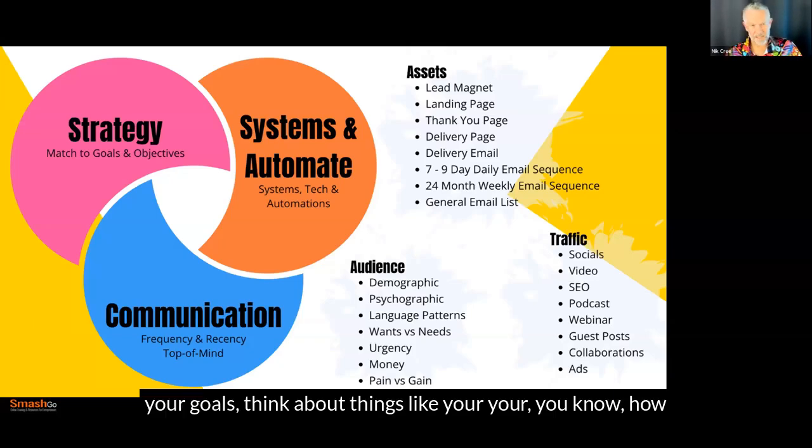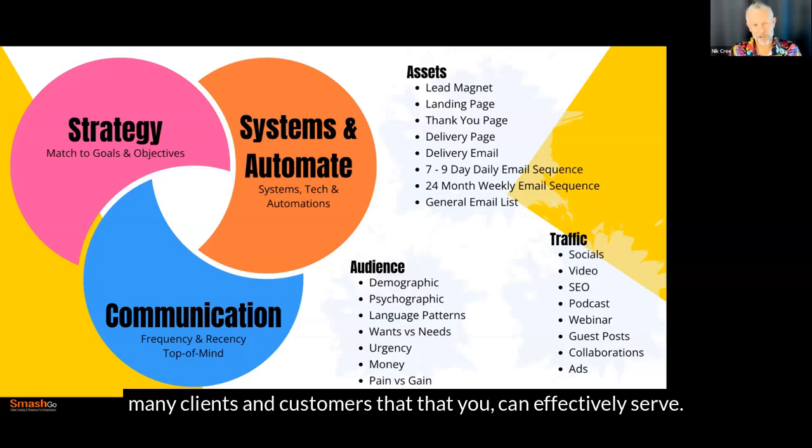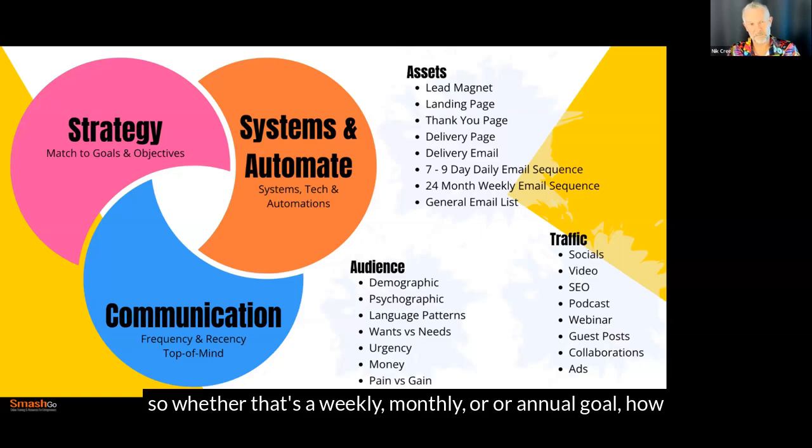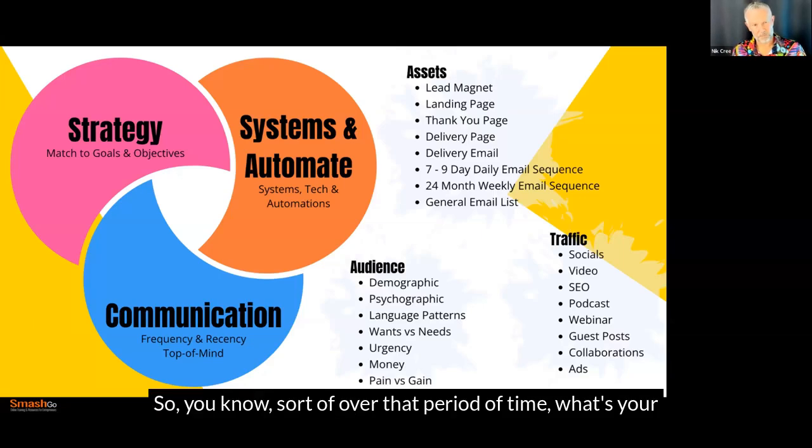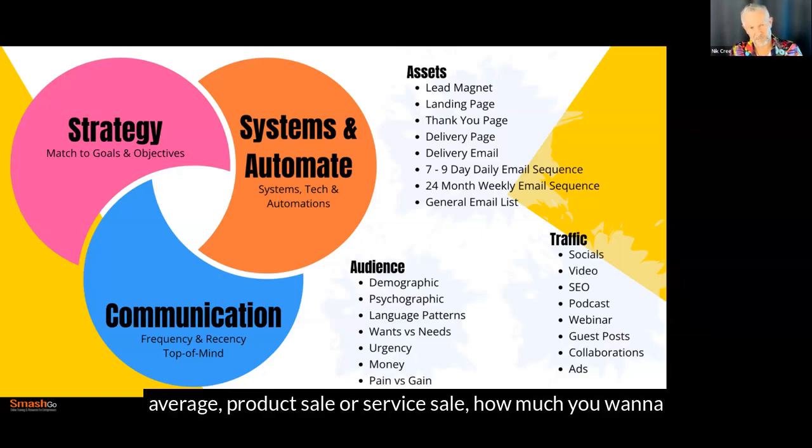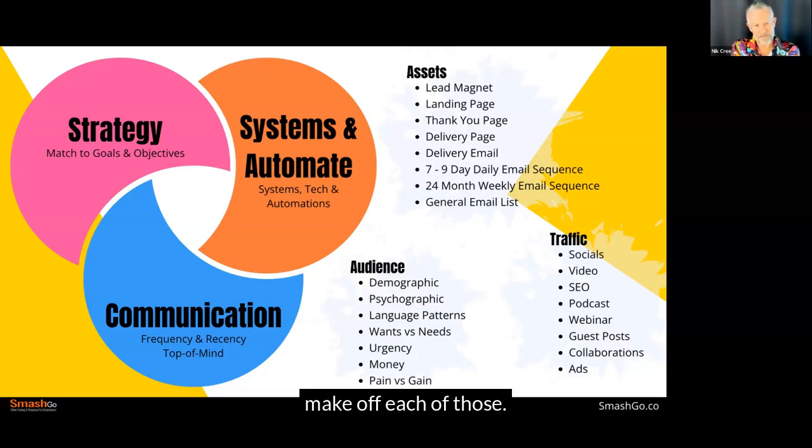Your goals: think about how many clients and customers you can effectively serve, whether that's a weekly, monthly, or annual goal. How much money do you want to make over that period of time? What's your average product sale or service sale, and how much do you want to make off each of those?